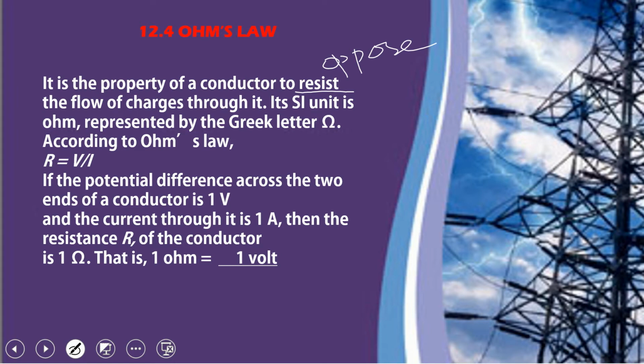That is, it does not allow the charge. If the current is not flowing freely, if electrons are not flowing freely, it means the conductor is resisting the flow, so we will say that the conductor has higher resistance. Understand? If the current is easily flowing, then we will say that it has less resistance.